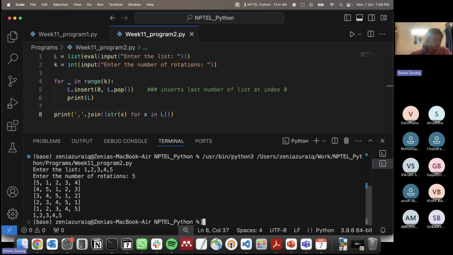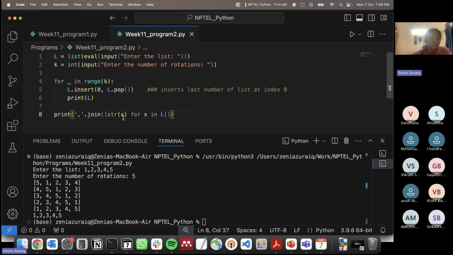Which is the last line? This one, print. This is basically, it just prints it as a comma separated list, right? You can see that we are just trying to join the string of x, which means that in x there are 5 elements.